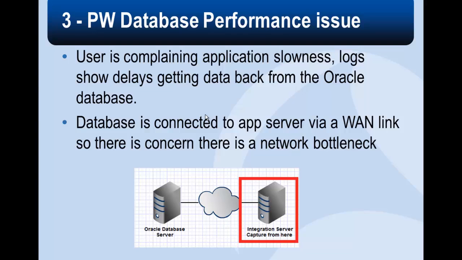Don't know why, but the user had their integration server in data center A and their Oracle server in data center B, and they had this link in between, and so we immediately got very concerned. Database traffic can be very chatty, and it can suck up a lot of bandwidth and can be very latency sensitive, so maybe that is related to the issue.